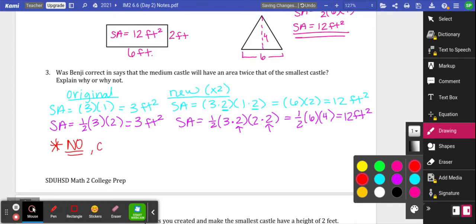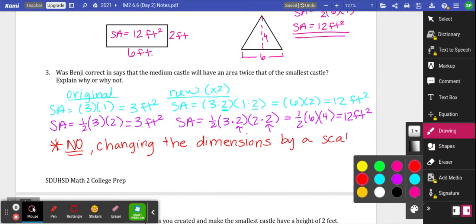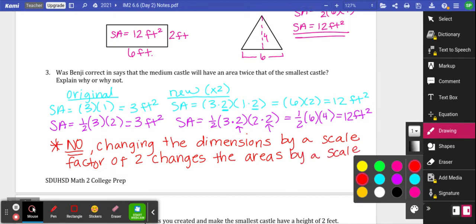No. So changing the dimensions by a scale factor of 2 changes the areas by a scale factor of basically 2 squared, which is equal to 4.